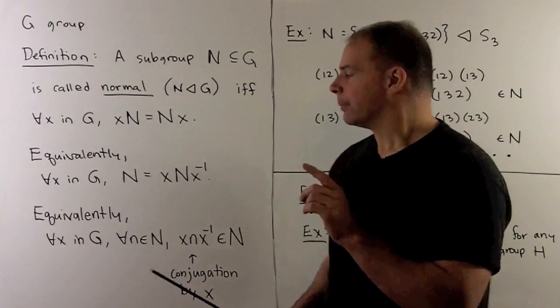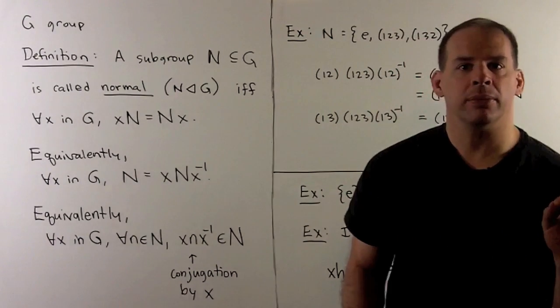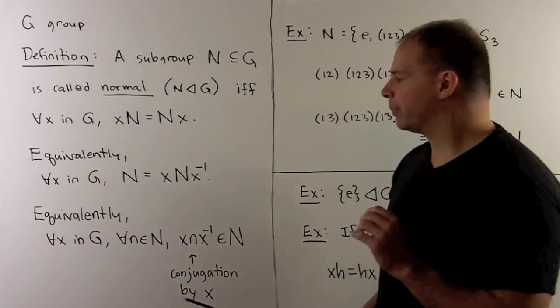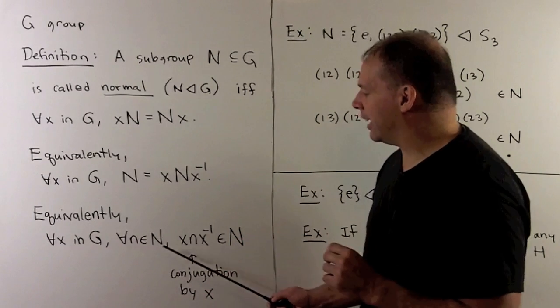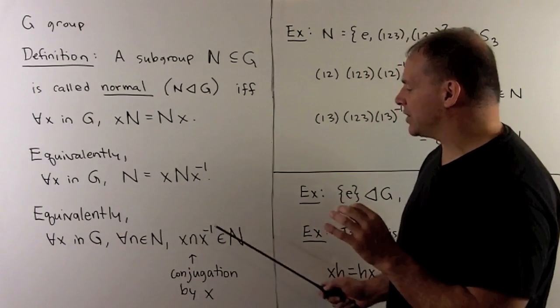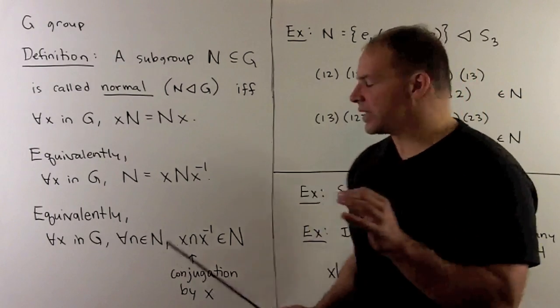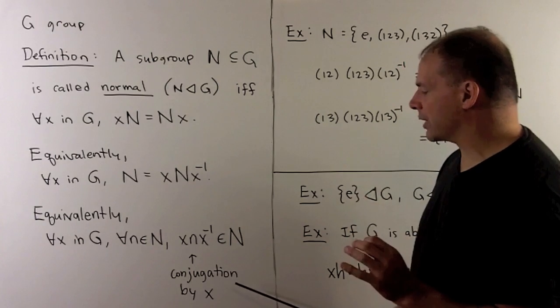One more time, if I write this just in terms of the elements, this will be good for checking with specific groups: for all x in G and for all n in N, we have that xnx^{-1} is an element of N. Now, this operation here we're going to see more of. We call this conjugation by x.